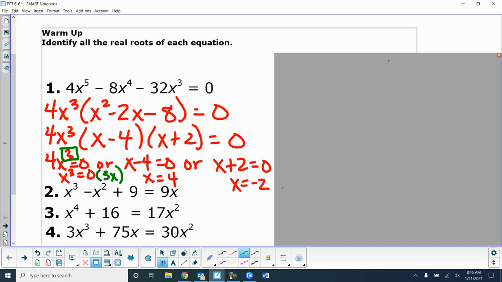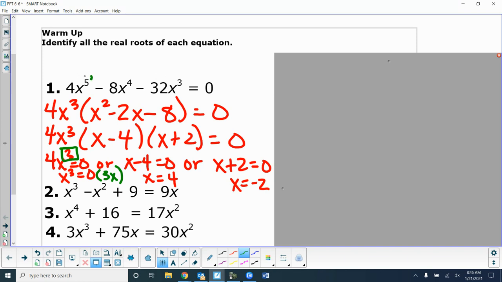Twice, even multiplicity. So it could work 2 times, or 4 times, or 6 times. And if it bends, like we just said, it has odd multiplicity, meaning it works at least 3 times.